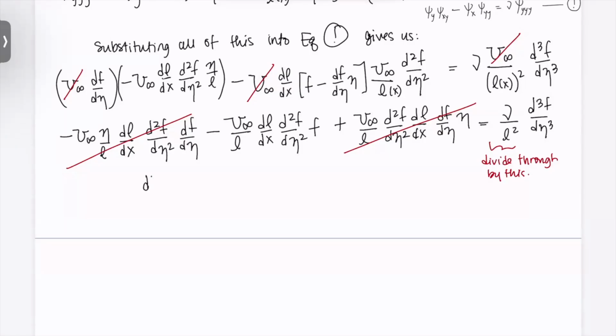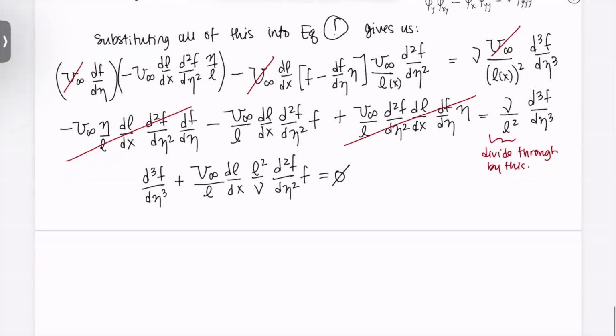So I have the third derivative of f with respect to eta plus u infinity over L dl dx, multiplying by L squared over nu, second derivative of f with respect to eta times f, and that's equal to 0.